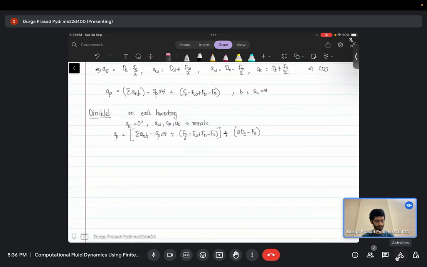Say if you are writing for, say, the south boundary, we have already written that above, so now maybe we might have to write for the west boundary. So the idea is simple. In the west boundary, if you have a Dirichlet condition, A west will be 0 and all your remaining coefficients will remain the same, and your AP will now be written as sigma A and B, which only includes these terms because A west is 0, minus SP delta V plus your continuity terms FE minus FW plus Fn minus Fs.